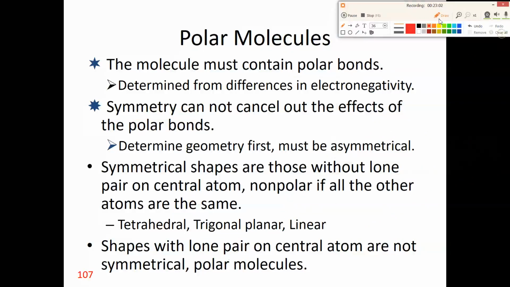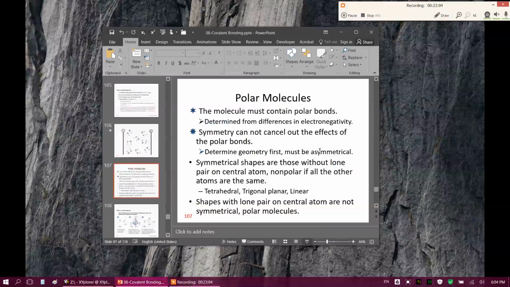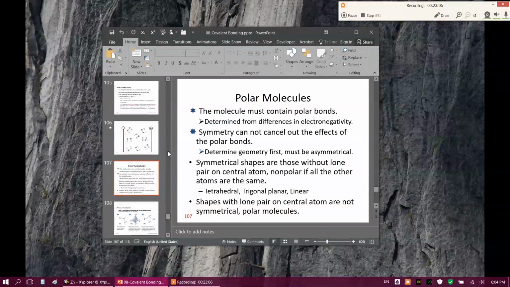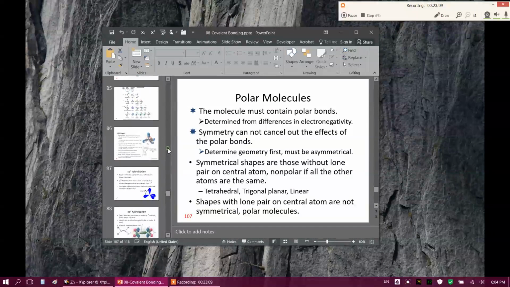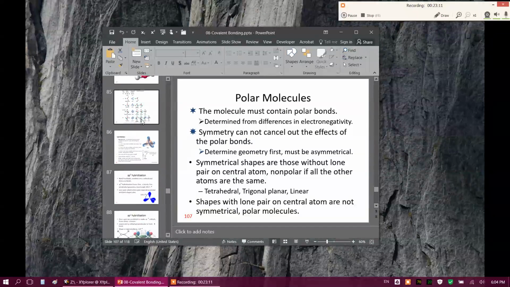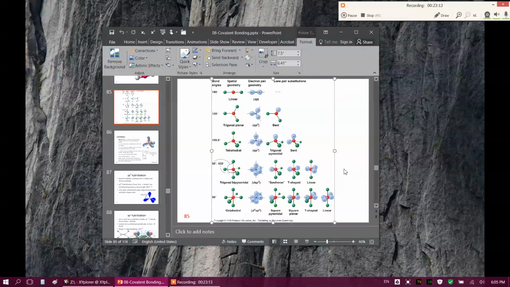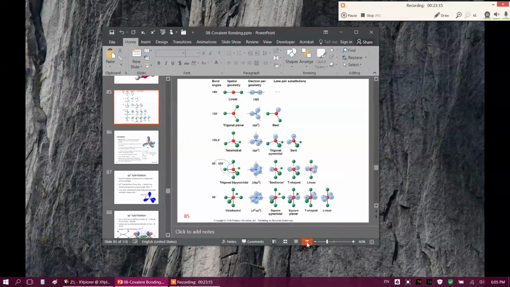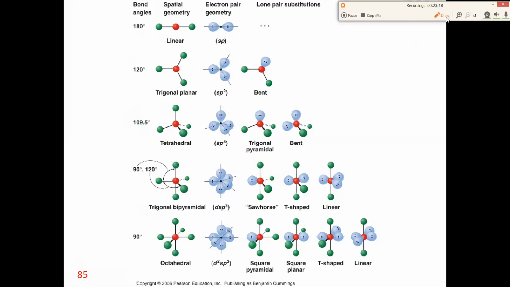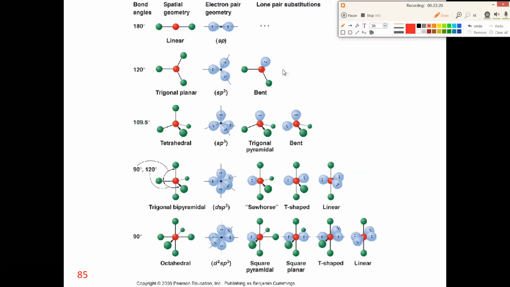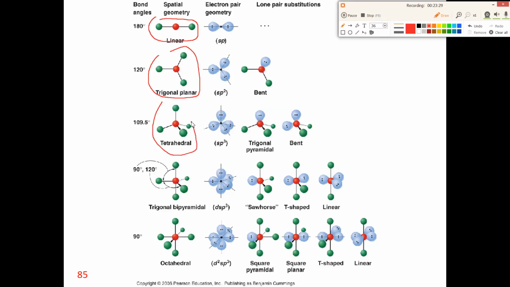Okay, I can go back to this. Right, so we can use this one to explain which one is symmetrical. Okay, those are symmetrical, linear we talked about. Trigonal planar is symmetrical. Tetrahedral is symmetrical.